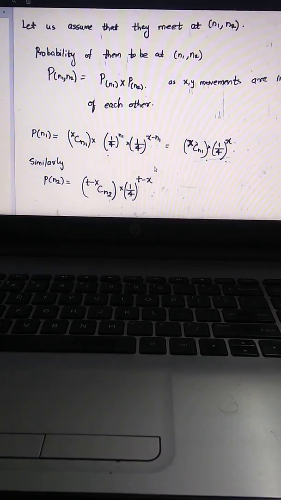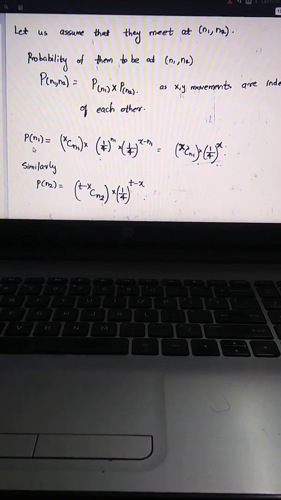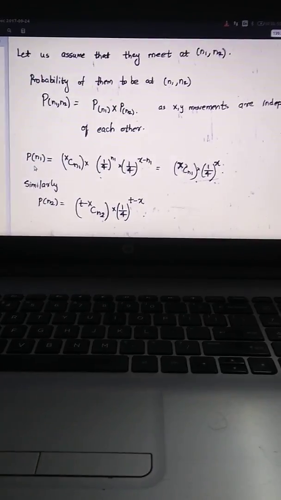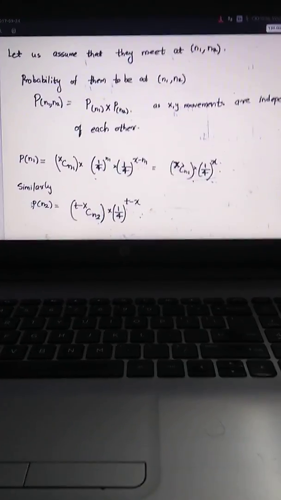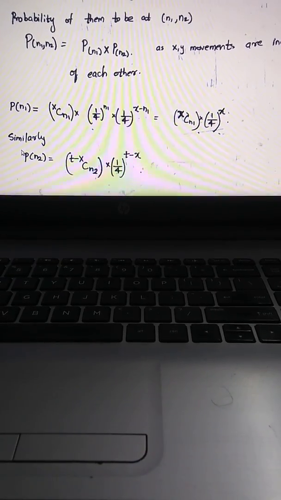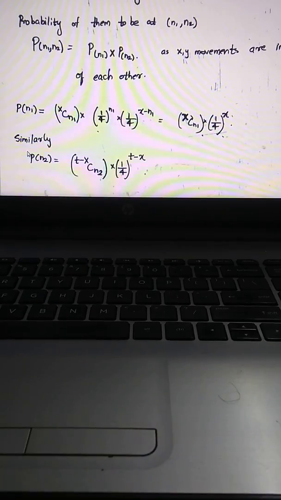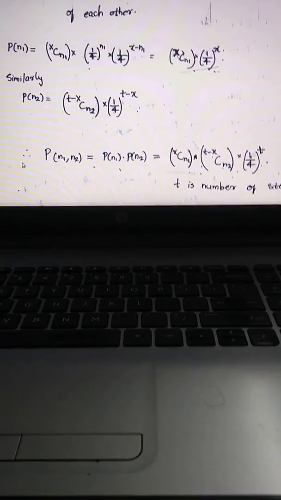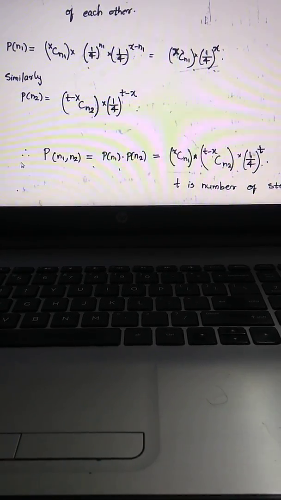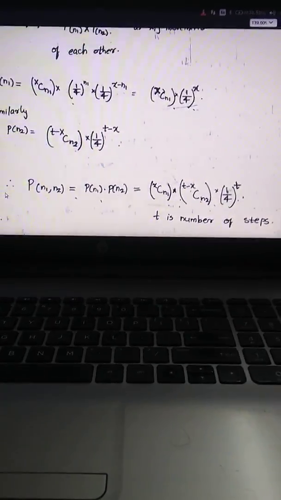So we just put in the values and we have the expression for the probability of n1. Similarly, we can find the probability of n2 by replacing x by t minus x, because the number of steps along the y-axis is t minus x. Now, as we have the individual probabilities, we just multiply them with each other, put in the values, and we have the total probability.